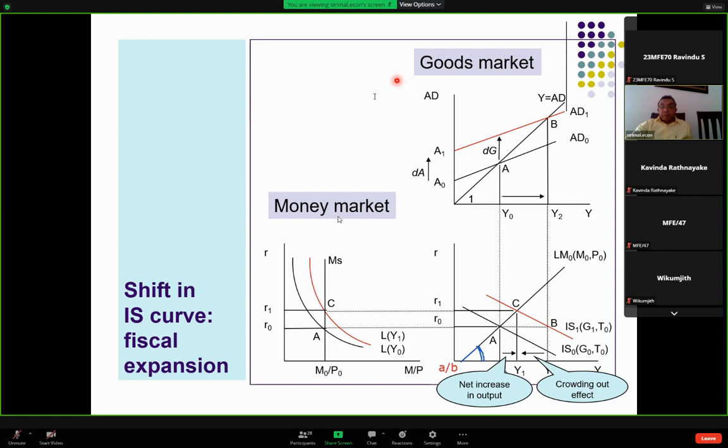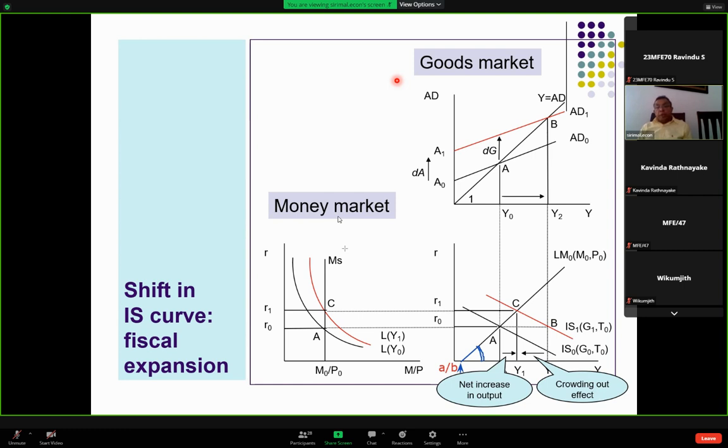Depending on their sensitivity, the slope will change. For example, if you increase the value of B, that means money demand becomes more sensitive to interest rate change. Value of B will rise.